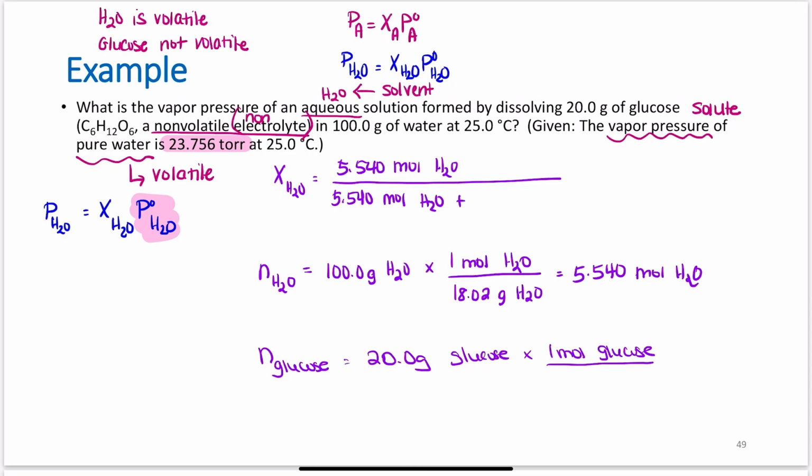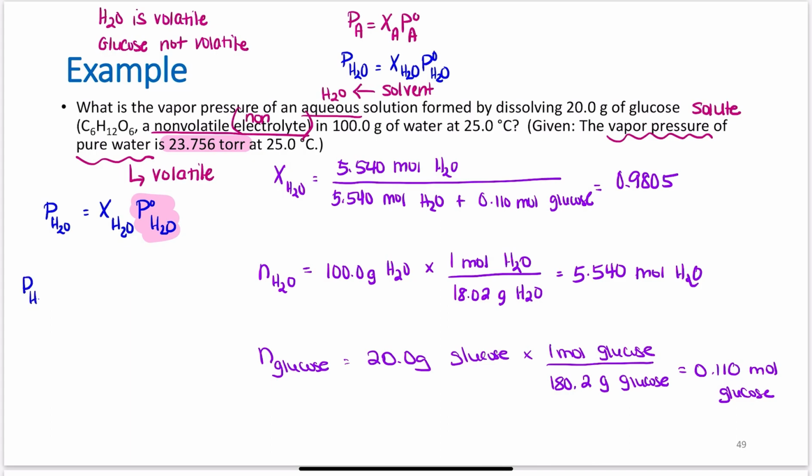And if I add up the molar mass of glucose, I find it to be 180.2 grams. That gives 0.110 moles glucose. Overall, that shows me the mole fraction, 0.9805. That is the moles of water to the moles total. Now I've got all the pieces I need.